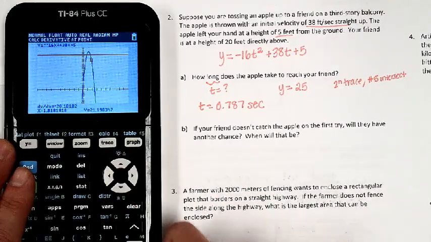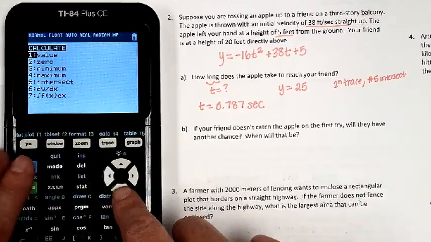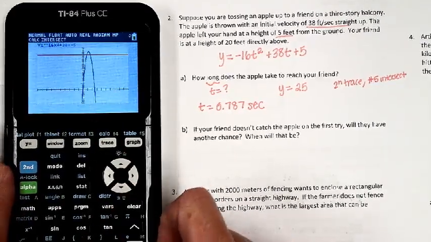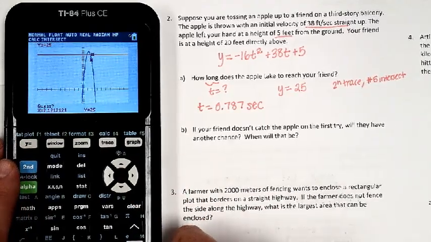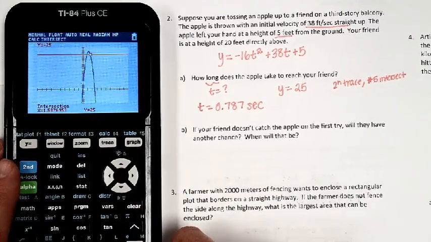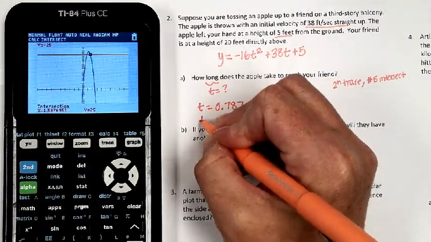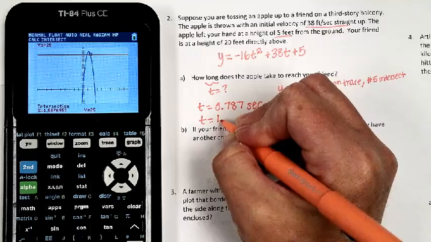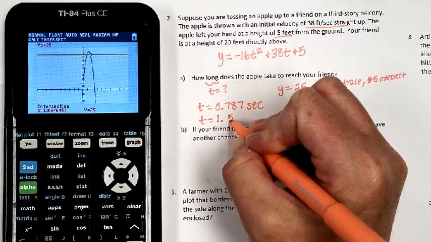I chose the wrong one, that's why. So first curve, second curve, enter, and then we get another value of 1.5876, so 1.588 seconds.